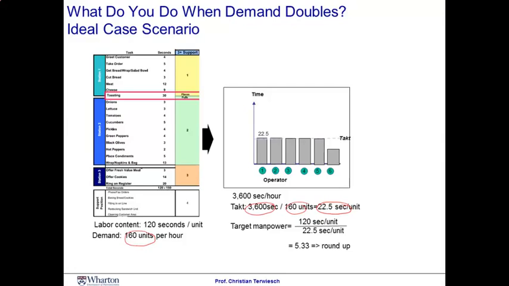The takt of the music has picked up. This is also reflected in our target manpower calculation. We're dividing the labor content, which has stayed unchanged at 120 seconds per unit, by the new takt time and see that in order to fulfill this increased demand, we have to increase our staffing level from 3 to 6.